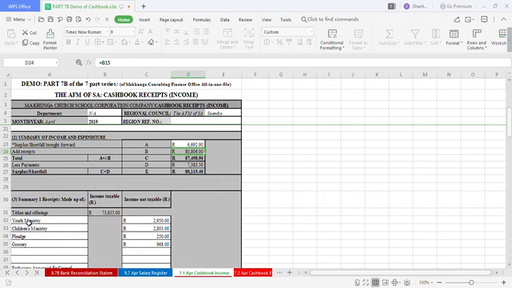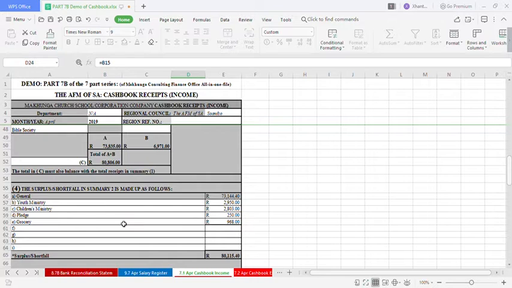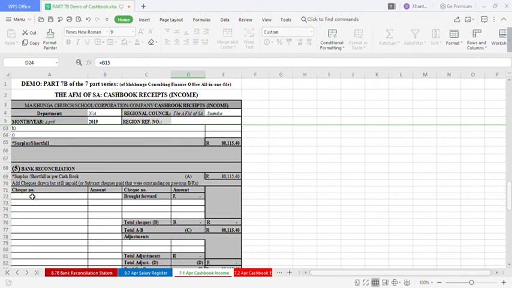Next summary. This is informational, so we'll skip it. And also this one is informational, has got nothing to do with the balancing of our cash book. You skip it. Then we go to number 5. There we are told to add checks drawn but still unpaid. We have check number 5113, which is unpaid at 11,250 rand.